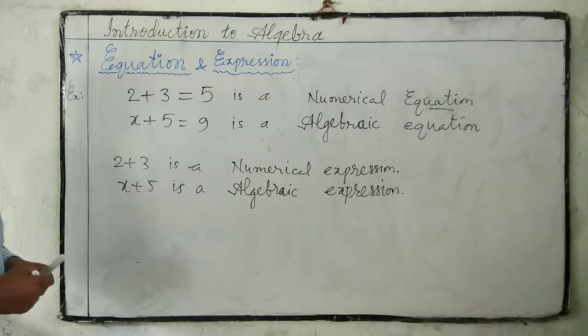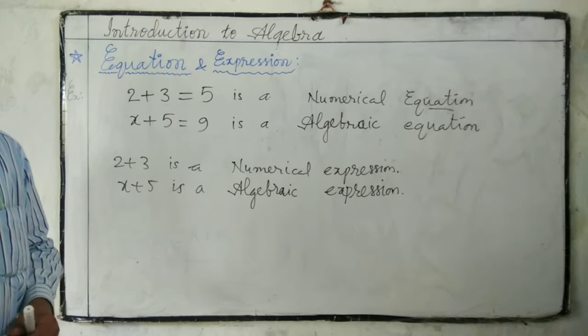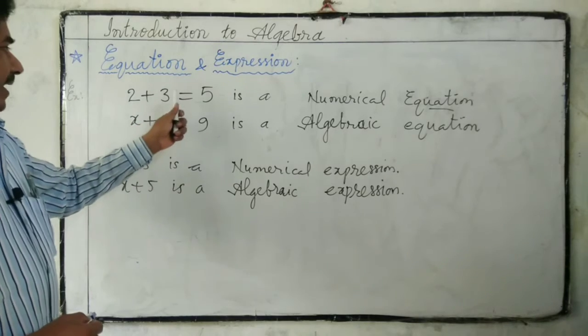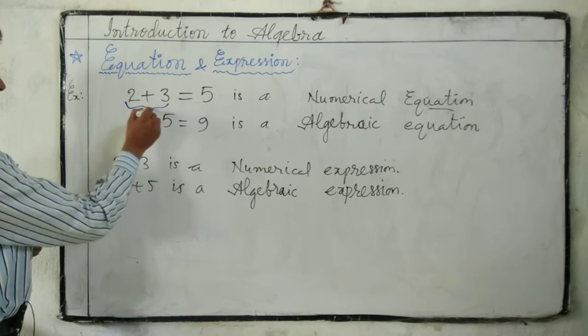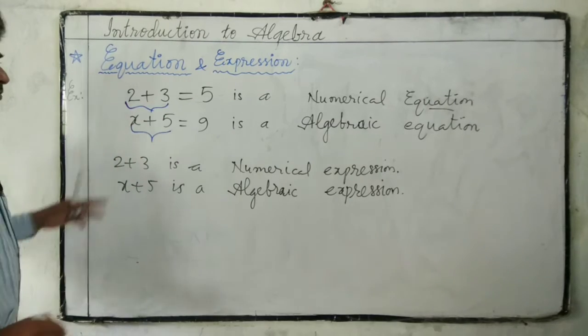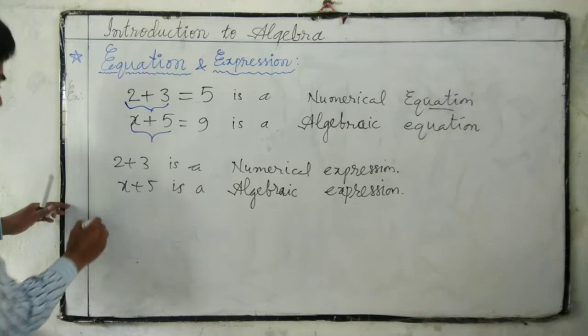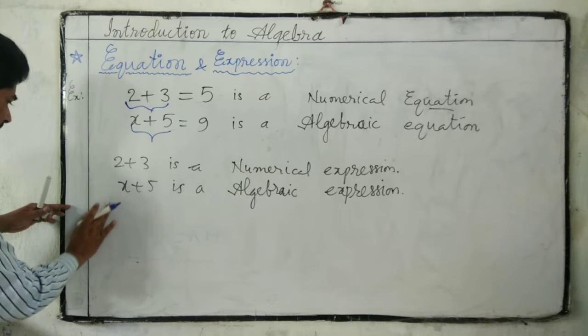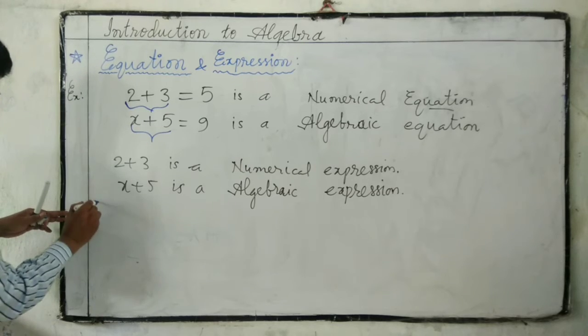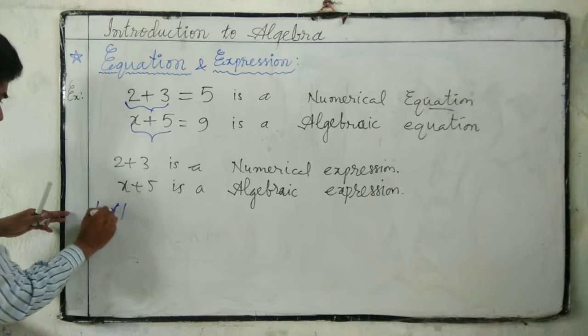In this equation, the left of the equal sign is called LHS.